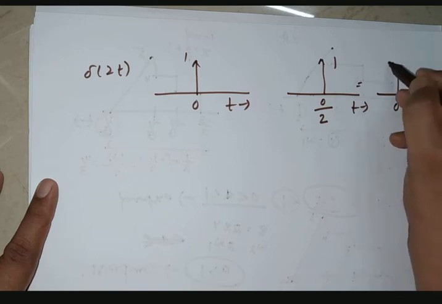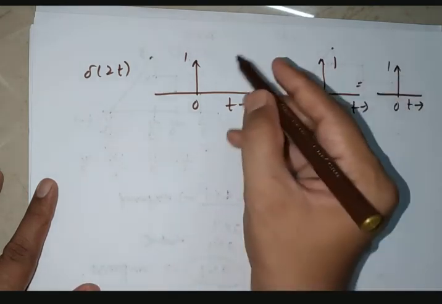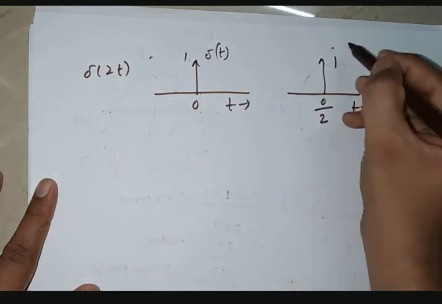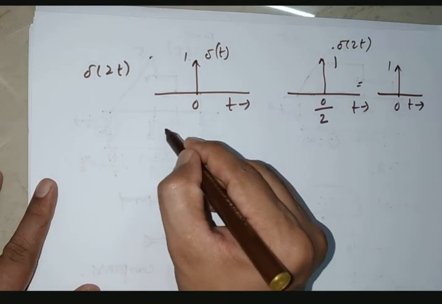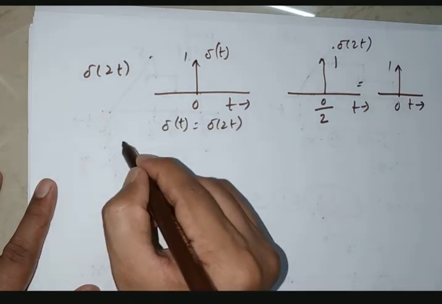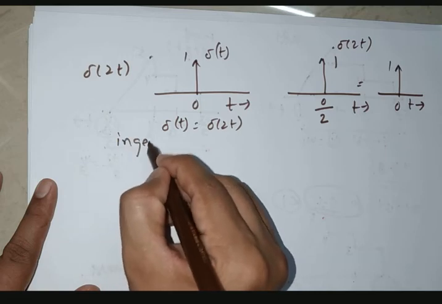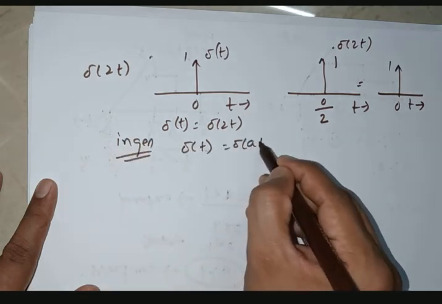So this is your del of t, this is your del of 2t. Both are the same, meaning del of t equals del of 2t, or in general, del of t equals del of at.